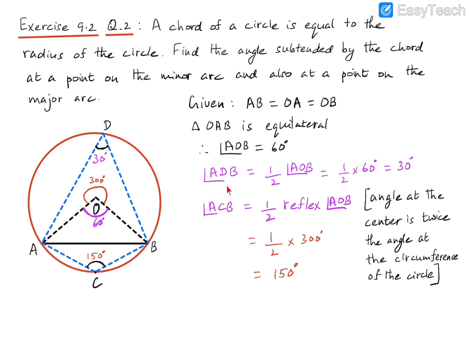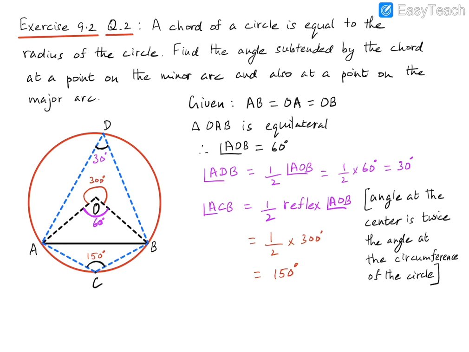That's why we have the angle ADB as half of the angle AOB, or in other words, the angle at the center AOB is 2 times the angle at the circumference of the circle. So if this is 30, this is 60. Similarly, this is 150, therefore this is 300. So we have been given the angle at the center, and from that we were able to calculate the angle on the major arc as well as on the minor arc.